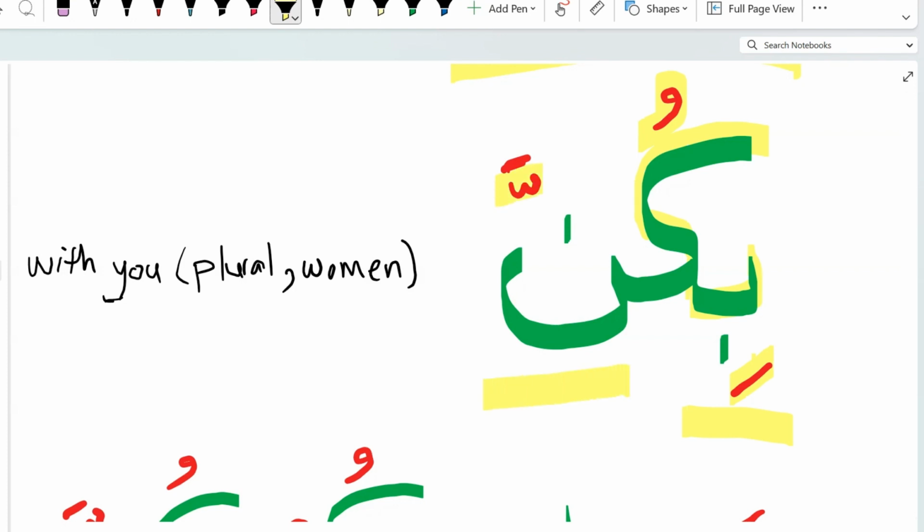Now this mark, we will discuss it later. It's called shadda. It means that you stress on the letter. So this is a shadda as you see here with the fatha also. So it's not na, it's nna. So we say in total bikunna, and it means with you in a plural sense, addressing a group of women.